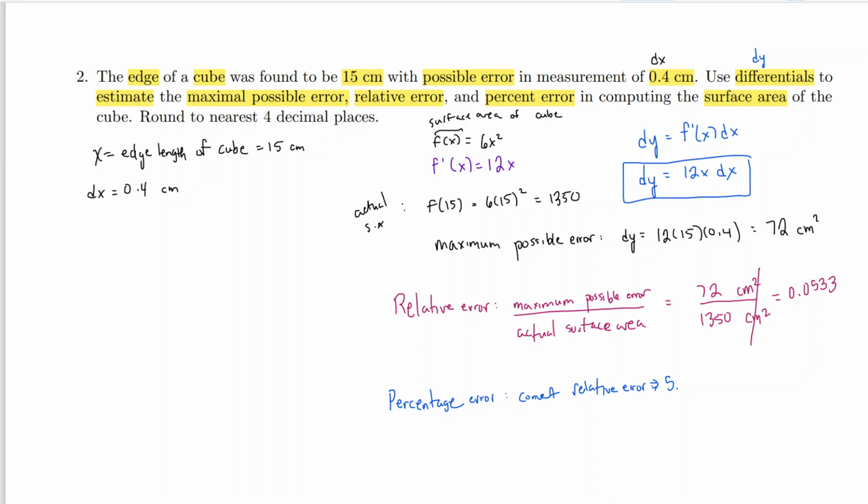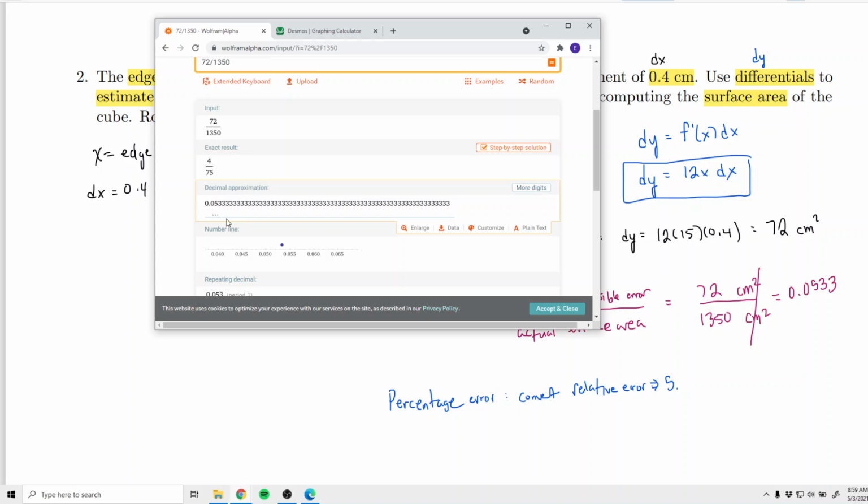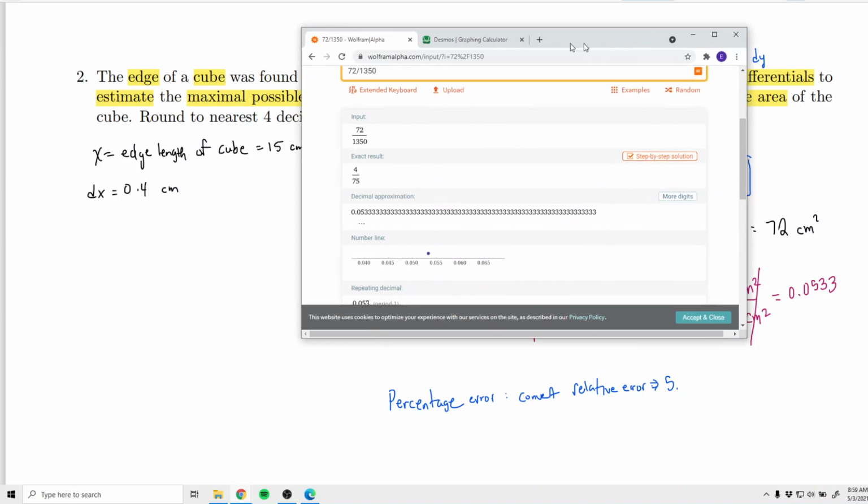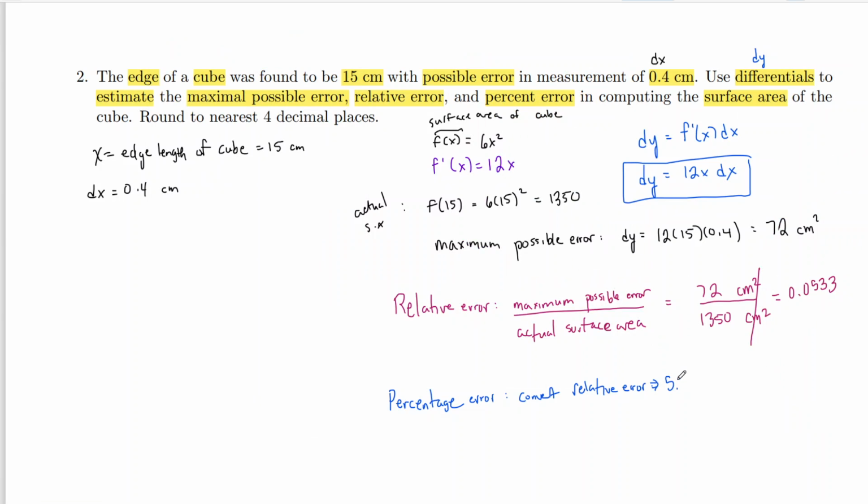One thing I'll say is that because we want all of these to 4 decimal places, if you move this over twice, you get 5.3333 forever. So it's 5.3333%. If you only show 5.33, that's not the 4 spots.